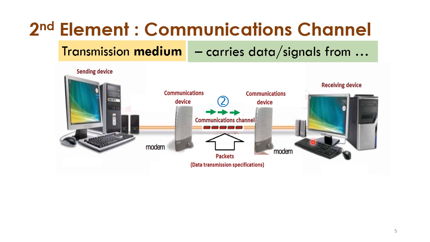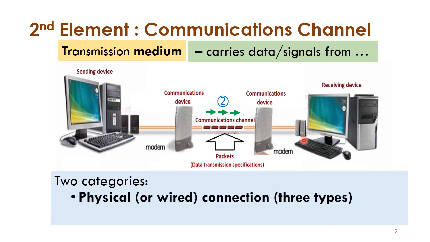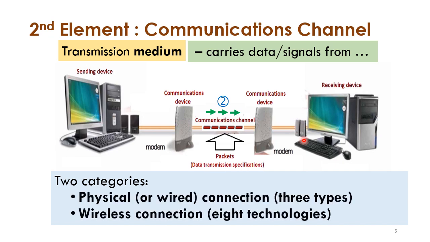So these channels actually carry the data. And then there are two categories for communication channels. It can be physical or wired connection. You will see later there are three types. And then it can also be wireless connection. And there are eight technologies under wireless connection.